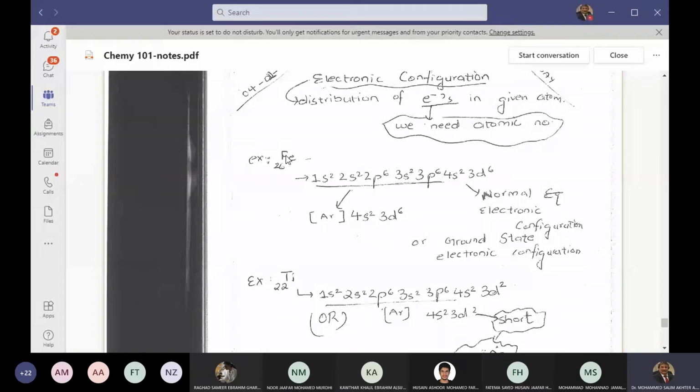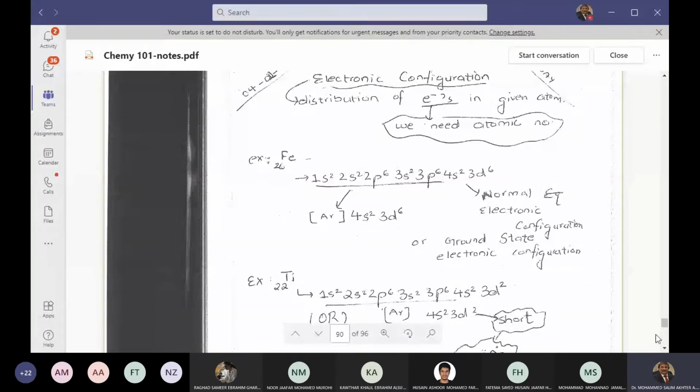Look at Fe in your periodic table, take a right turn, go straight, and you will see krypton. Once you see the last element in your inert gases group, Kr, just go one up, and one up was Ar. Ar means number of electrons 18. So up to here is 18, and whatever is remaining you can write it down here.